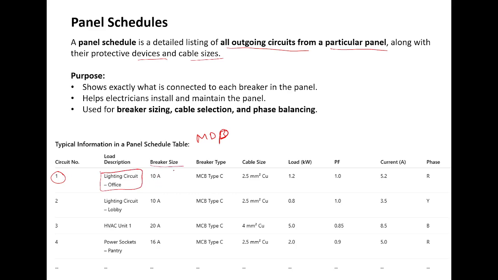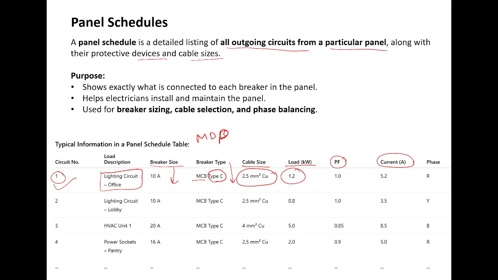Then the circuit breaker size and the breaker type: whether it is MCB or MCCB, and if it is an MCB, what type, whether C type, B type, or D type, as per the requirement. Then the cable size for that feeder or circuit, and the total connected load on circuit one, which is 1.2 kilowatt, along with the power factor and line current.